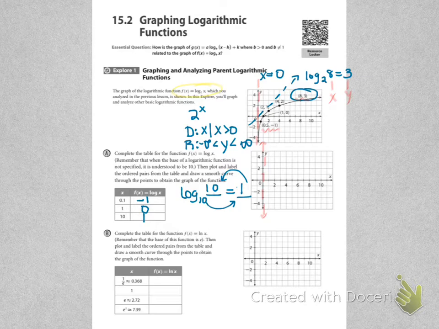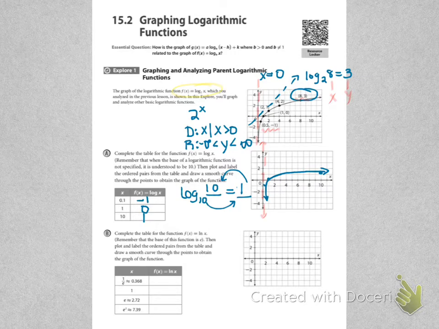So we have 0.1 and -1, which would be right about here, at 1 and 0, and that's the x-intercept. So these don't have y-intercepts, these have x-intercepts, and then at 10 the output is 1, because again that's the exponent. So the graph is a little flatter than that other one because the base is larger, but otherwise the graph looks just like that.